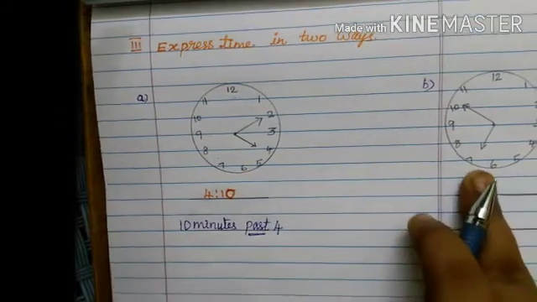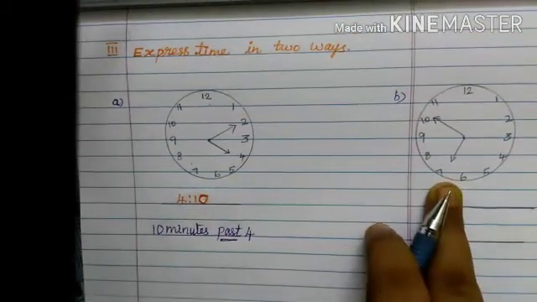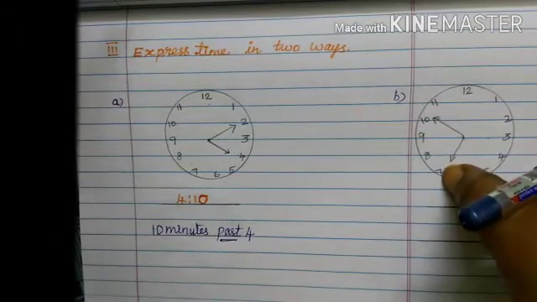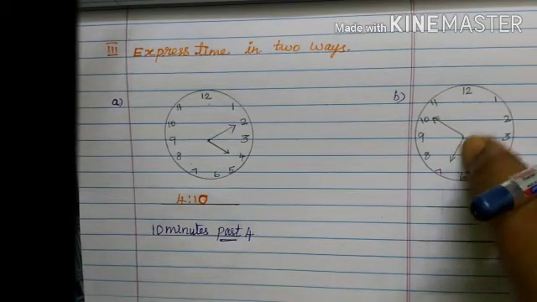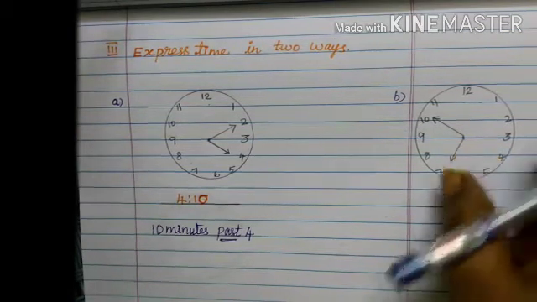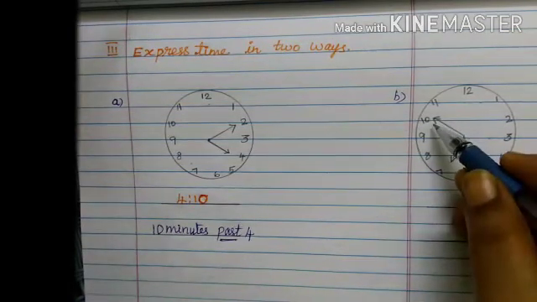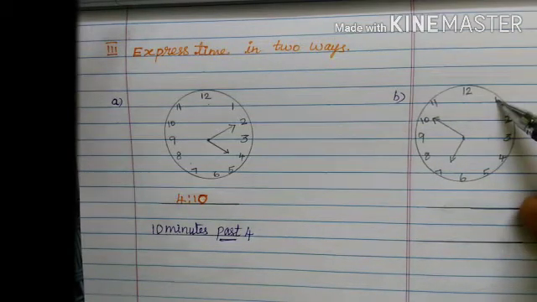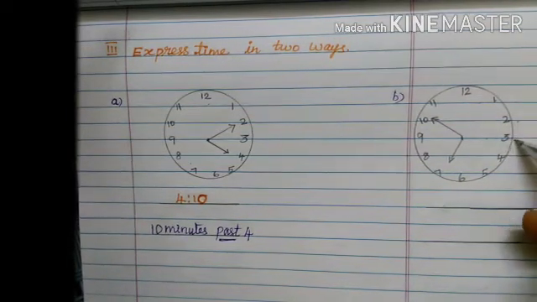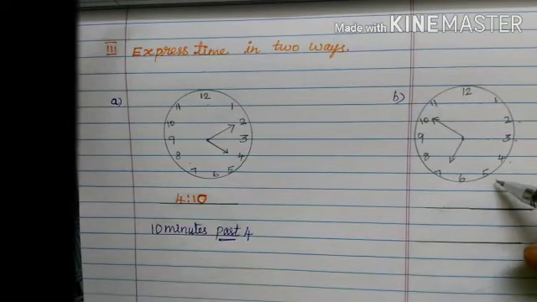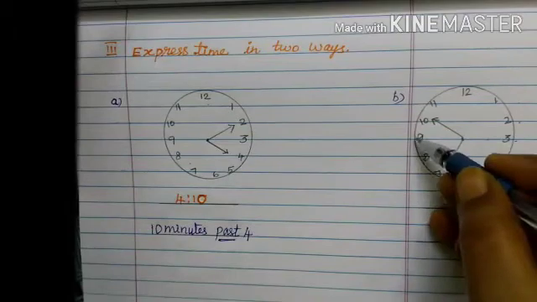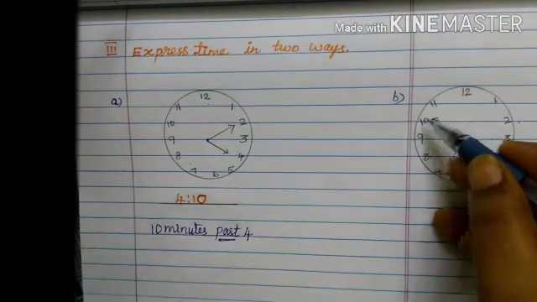Then the second sum, B sum. Here the short hand is near 7, before the line for 7. Then the minute hand is at 10. So how do we find out the minutes? 5, 10, 15, 20, 25, 30, 35, 40, 45, 50.